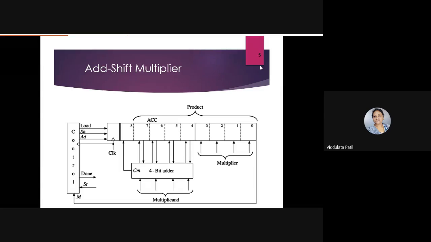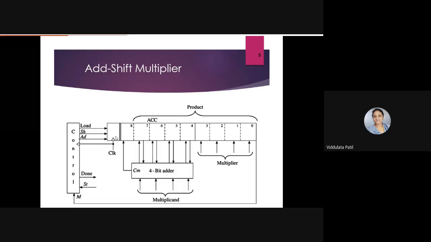As we are multiplying 4-bit numbers, at the max we can get a multiplication result of 8 bits. But instead of an 8-bit accumulator, we will have one 9-bit accumulator register. That means this 9th bit can be used for the carry which is generated after addition. So for that we are going to use a 9-bit accumulator.